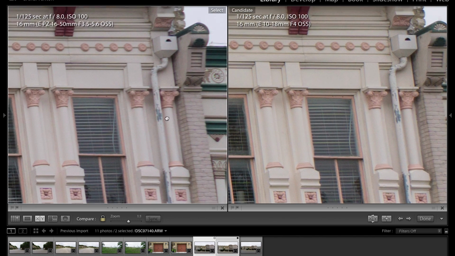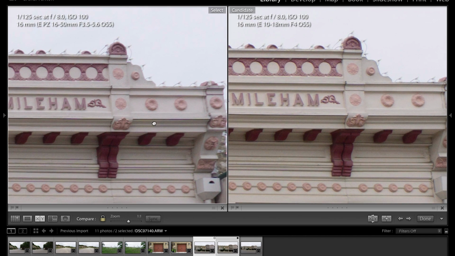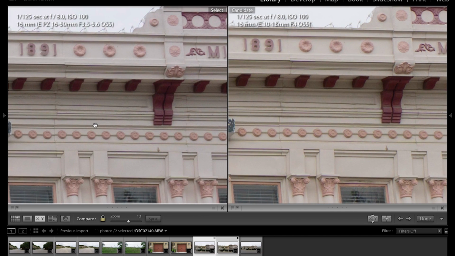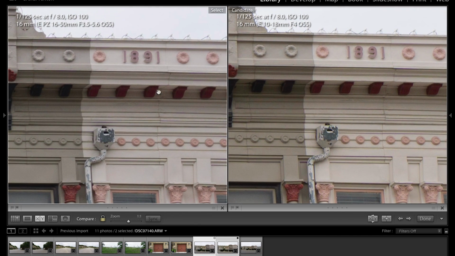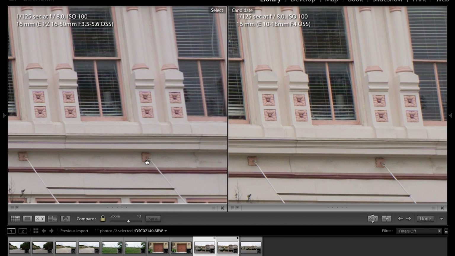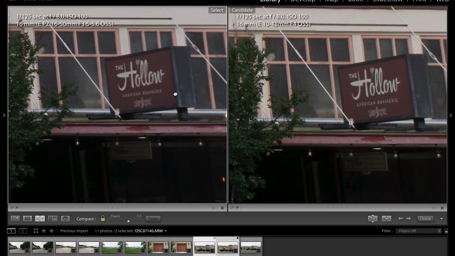Let's take a look at the corners. So in the corners, it's about the same. You see a little bit more warm colors from the 10-18. The kit is not as warm, but as far as sharpness is concerned, they're both about the same.